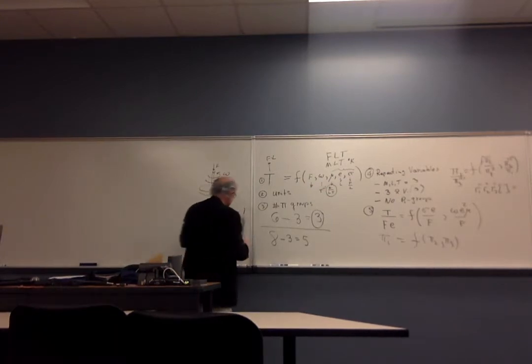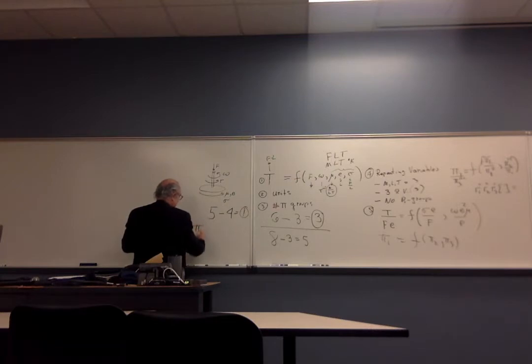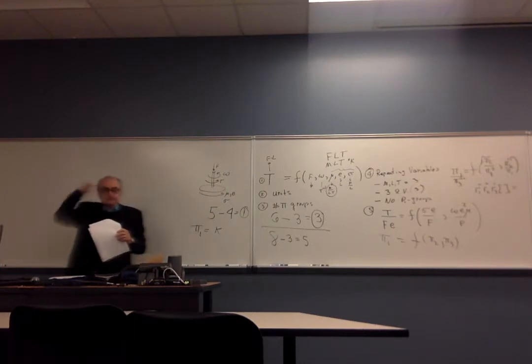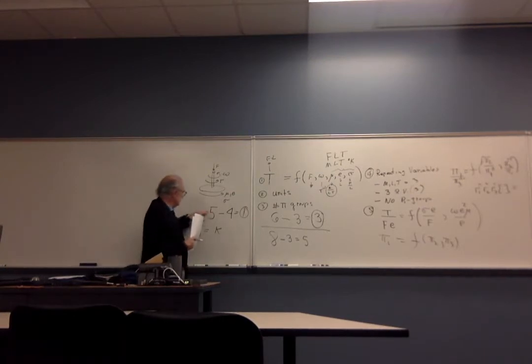So in that case, where you only have 1 pi group, then you would have pi 1 equals just some number. Right, okay. You have more repeating variables in that one. How many repeating variables do you have in this case? I think you would have 4 repeating variables, I guess so.